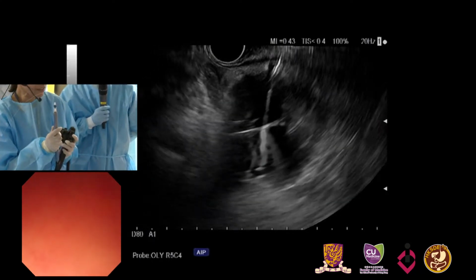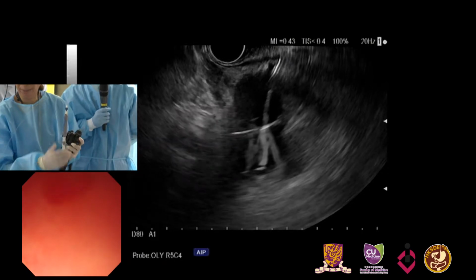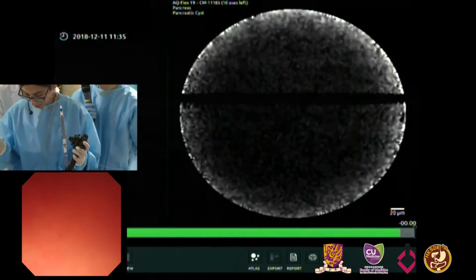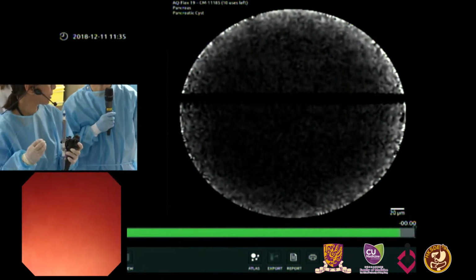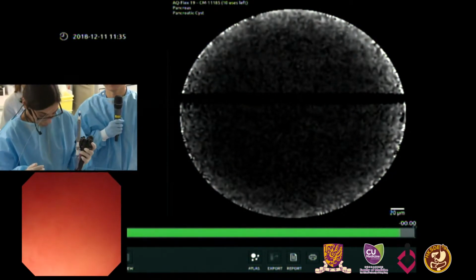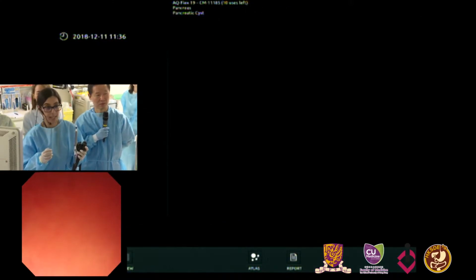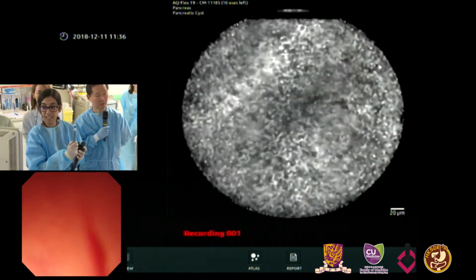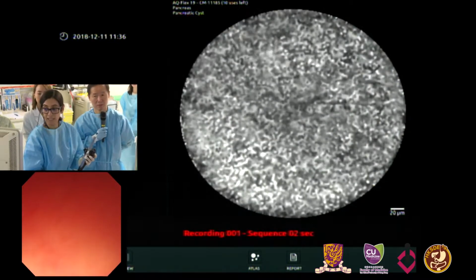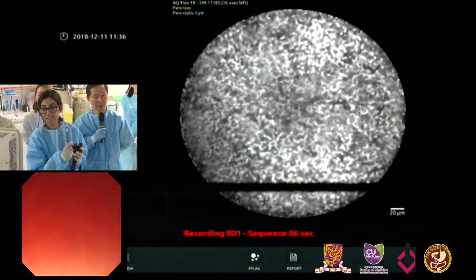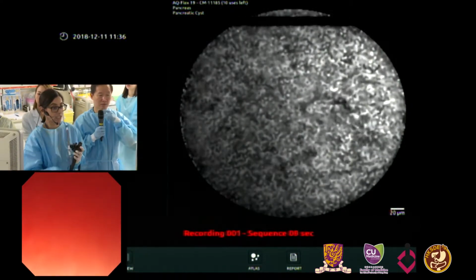We have identified a few criteria for IPMN lesions in particular. We could switch to the confocal image. Yes. We found these papillary projections. If you see them, you have 100% specificity for an intestinal type IPMN. But your sensitivity is only 50%, because a lot depends on me being able to actually get the right part of the wall that may show these lesions.